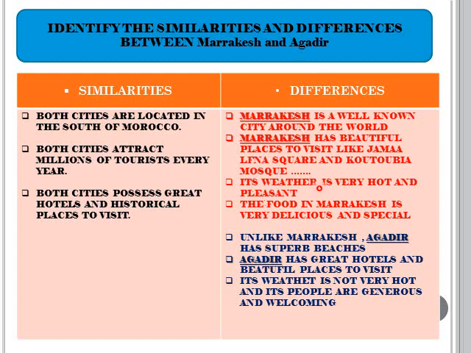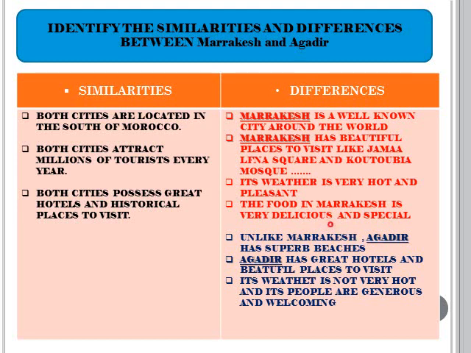Next, its weather is very hot and pleasant. The food, of course, Marrakech is known for its special food. The food in Marrakech is very delicious and special, and we can give examples. So here we talked about Marrakech.